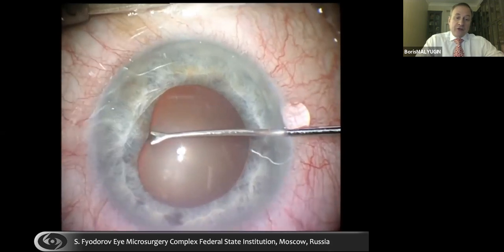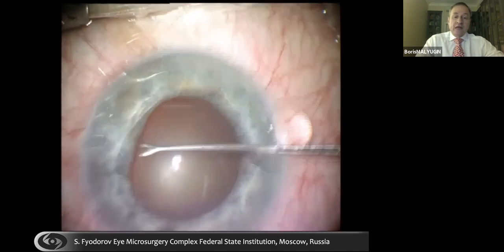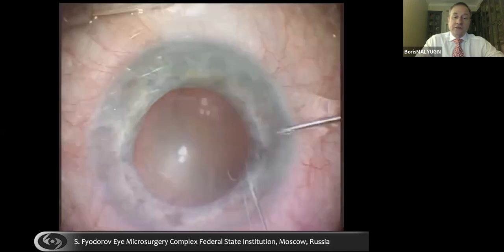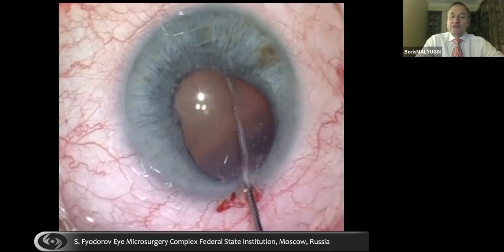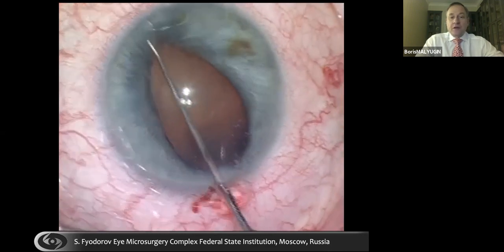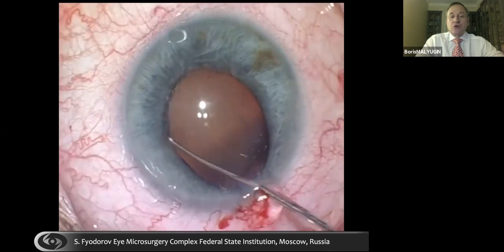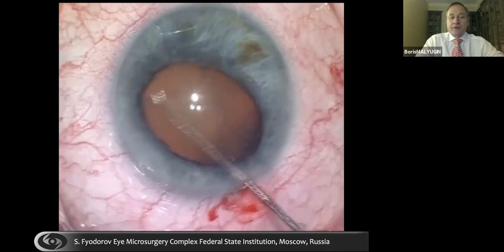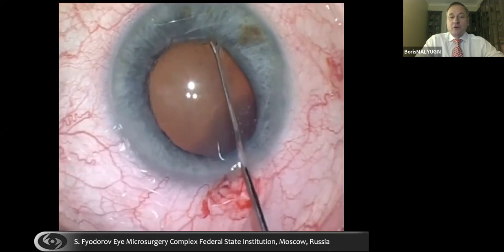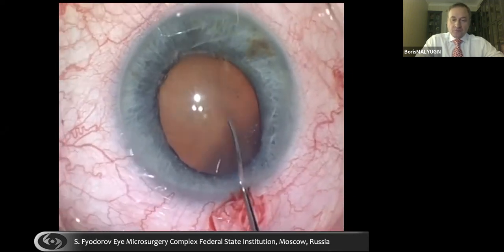As already mentioned, posterior synechiolysis is one of the options, and usually these synechiae are very loosely attached to the anterior capsule, as shown here, and it's quite easy to break them with the side port instrument, and with this maneuver, the pupil expands.